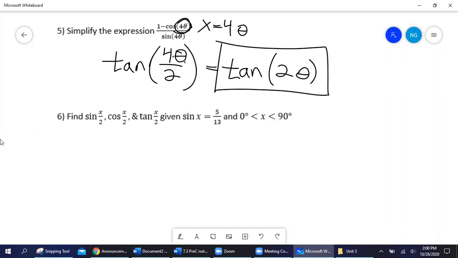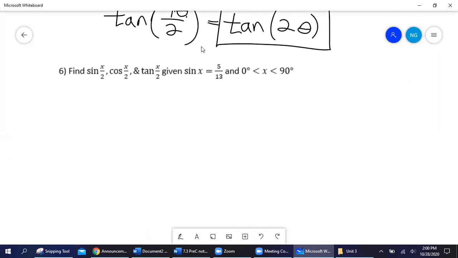For number 6, we've got to do some calculation. Notice again, we're told a trig function. And that means we're going to have to draw a triangle again. We're told that the x angle is between 0 and 90. Now that means that if my angle is between 0 and 90, dividing the angle by 2 is still between 0 and 90. Technically between 0 and 45.